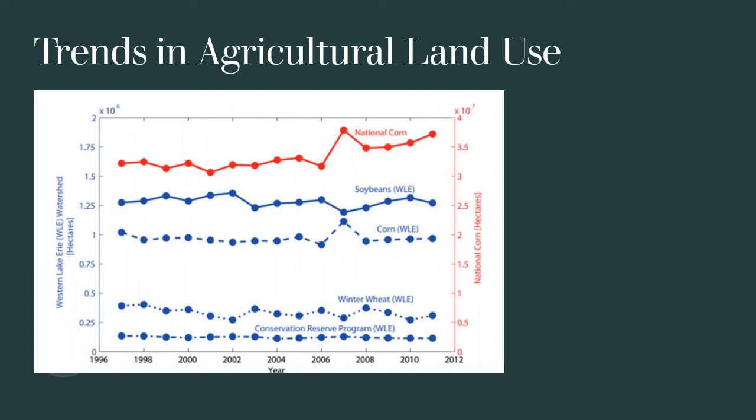What Anna and her team hypothesized was that a large contribution of the outbreak was due to rising demands from the land and farmers to produce more crops. Well, as we can see on the chart here, nationally, corn cropland usage increased by 11%.